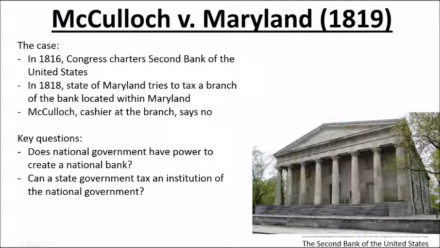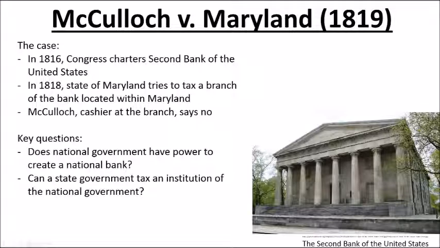They tried to tax this branch of the national bank, so this was like the state government taxing the national government. And McCulloch, who was the main cashier at the Maryland branch of the Second Bank of the United States, refused to pay the tax to the state of Maryland. So this case ended up getting taken all the way up to the Supreme Court.